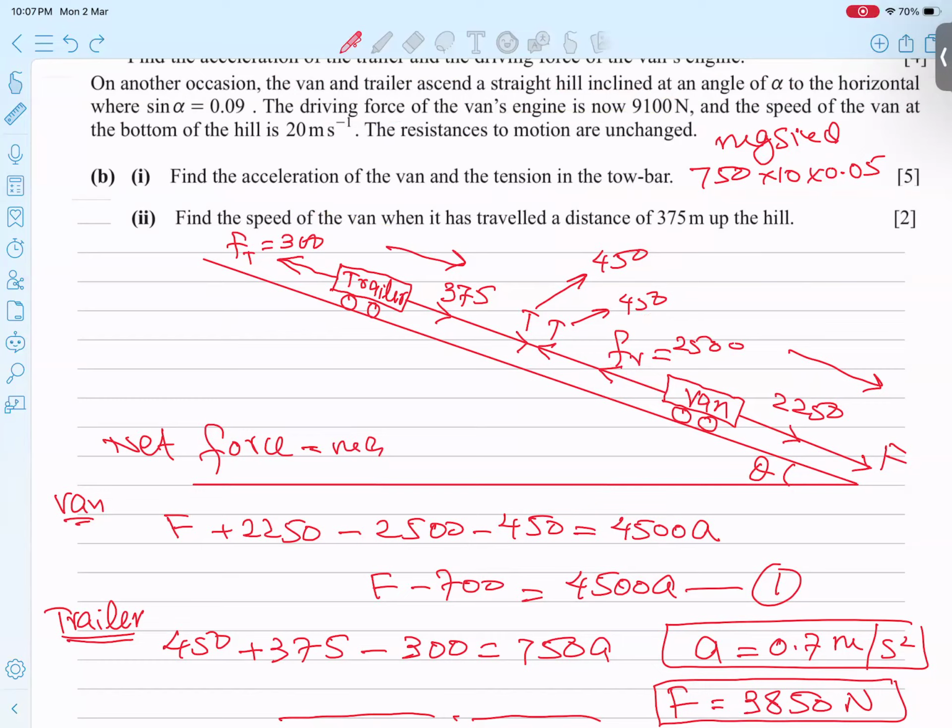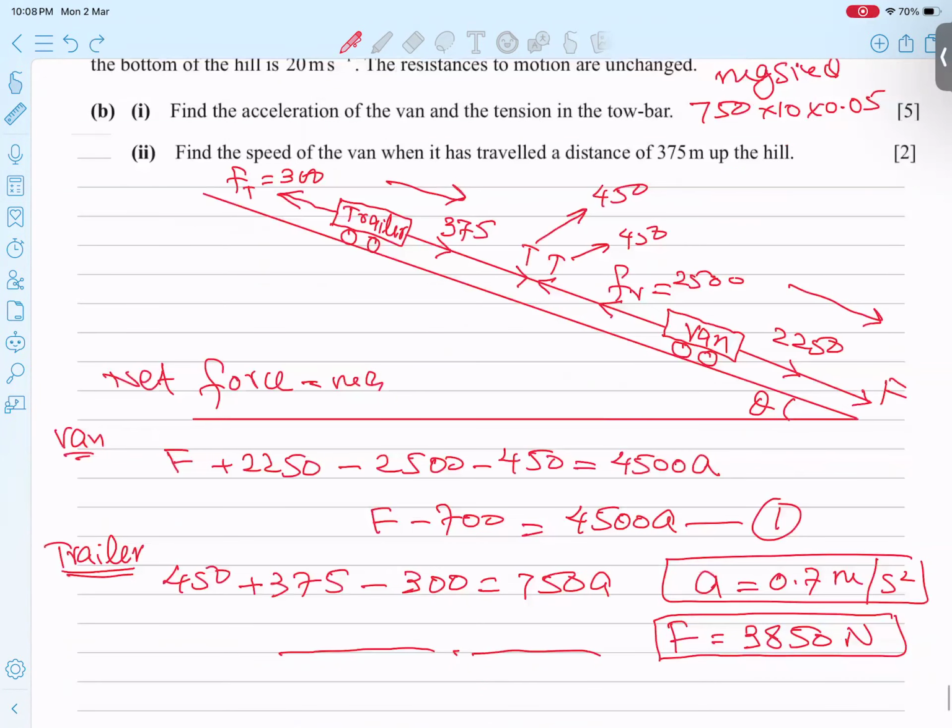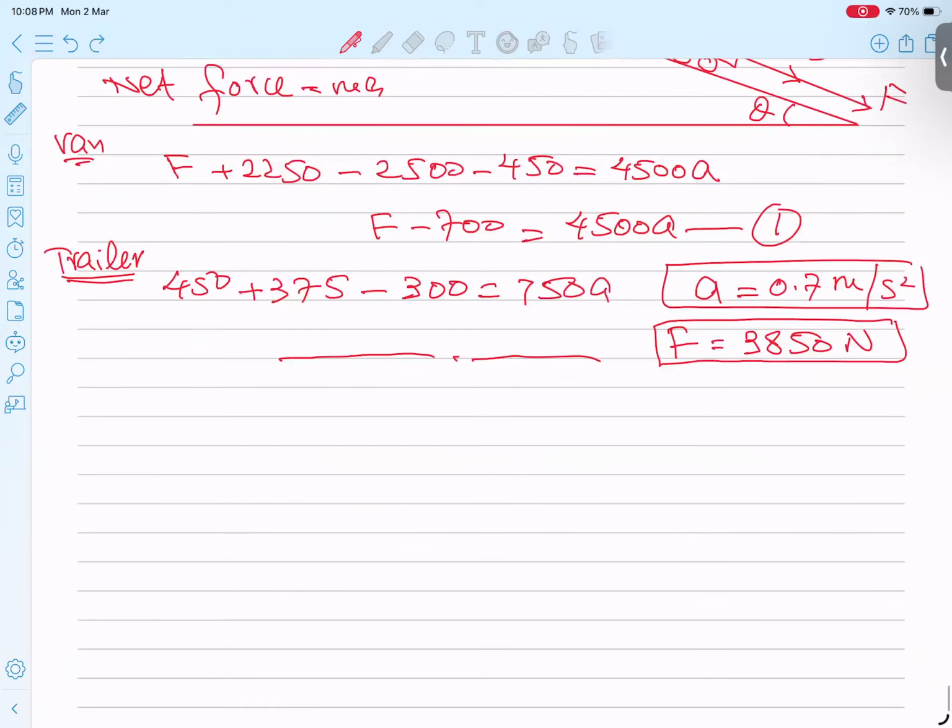He is asking for acceleration and the tension. Whenever he asks two variables, like here, applied force and acceleration, we always make two equations and solve them simultaneously. Same story here: as he is asking tension and acceleration, we will plan in the same manner. So let's try to do it, but this time I'm going to make the diagram another way.